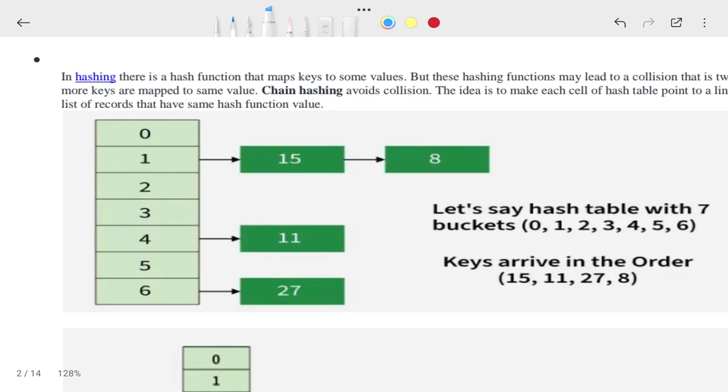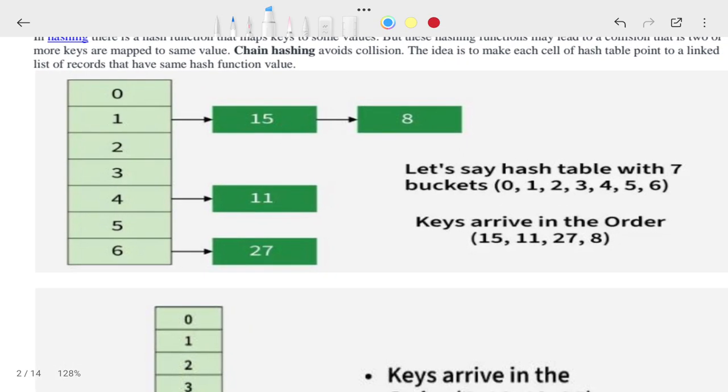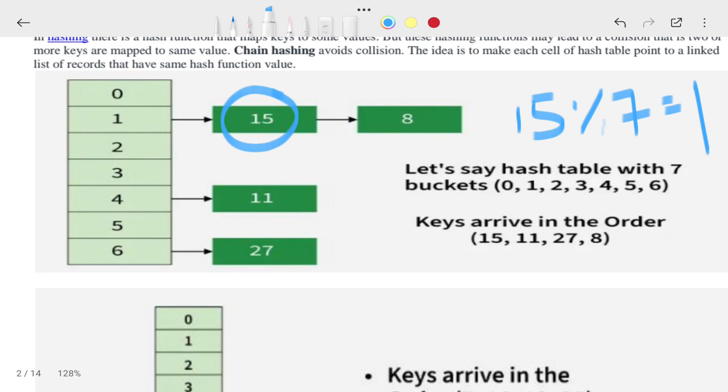Now see here in this example, the modulo is 7. You can see 15 divided by 7. 7 twos are 14, so the remainder is 1. So at 1 I place 15. Now 8 divided by 7, the remainder is 1.